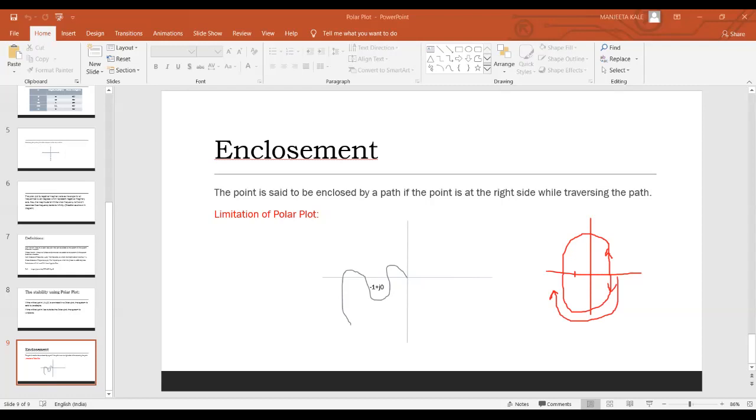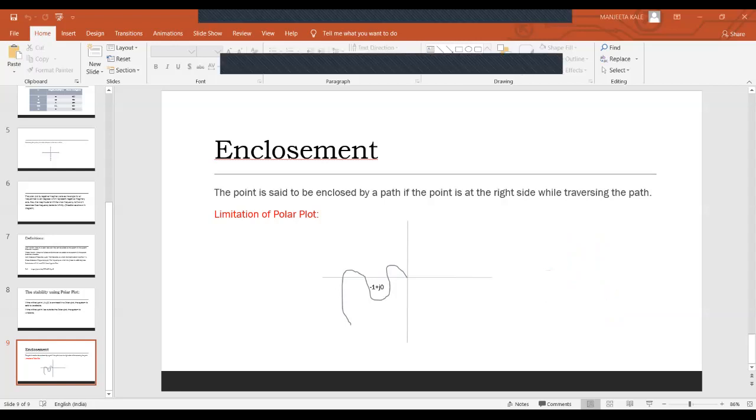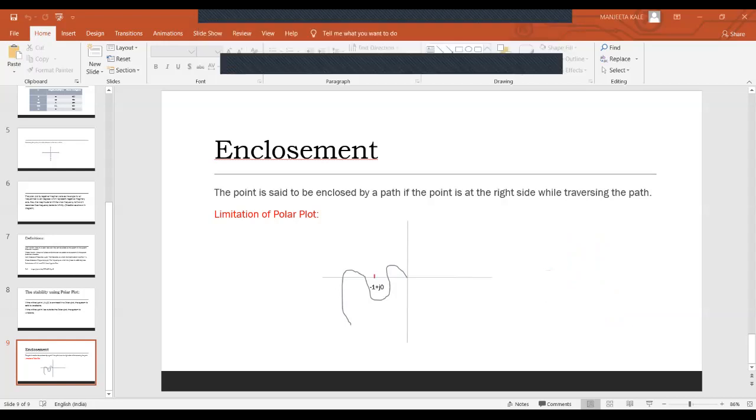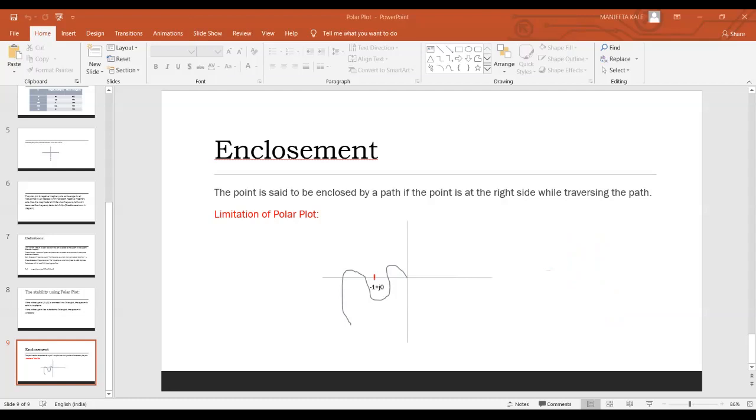Now here comes the last point of this session: the limitation of the polar plot and why we need to move to the Nyquist plot. Take a look at this example. I have marked the critical point, -1 plus j0. Now if you have this kind of polar plot, for some portions, while traversing in this direction, the point will lie to the left side, and for some portions the point will lie to the right side of the polar plot, right?